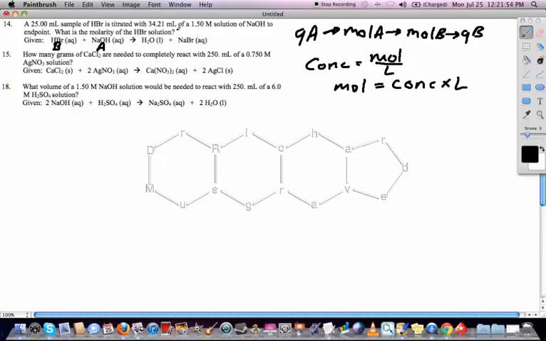Here I've got a volume in millilitres and a concentration in moles per litre, or molar. So I know I'm going to have to multiply these two to get where I need to be in the first step. I'll start off with the concentration, but I could have started off with the volume as well. It really wouldn't have mattered. And I'm going to make it moles of A over litres of A, and multiply that by the volume.